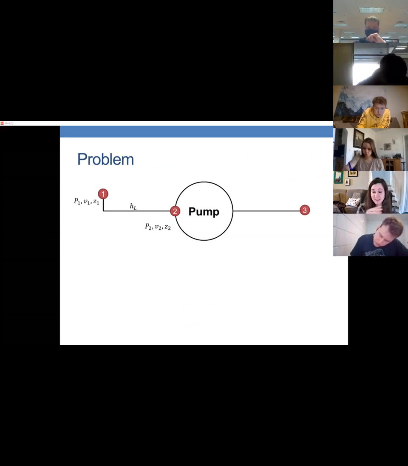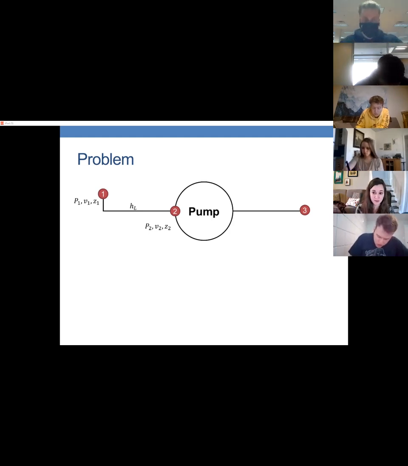So let's say, one of the problems we've done before, we'd be going from point 1 to point 3, and there would just be a pump in the middle. But now we're going to go from point 1 to point 2, where point 2 is headed into the pump.